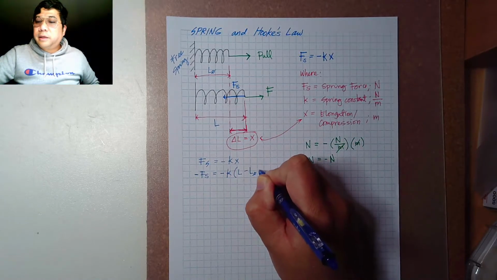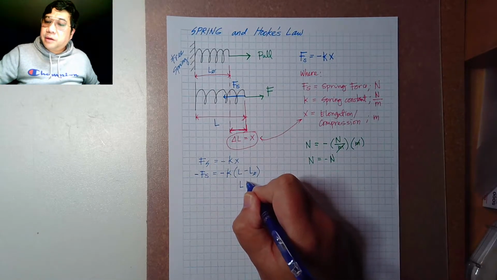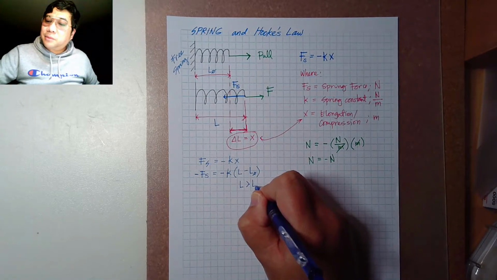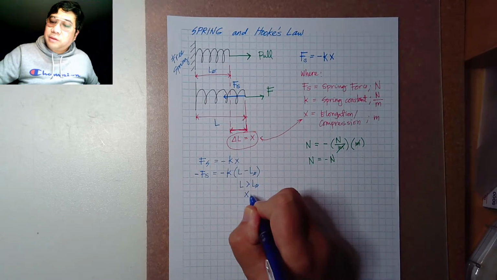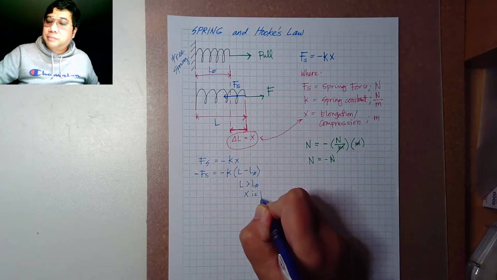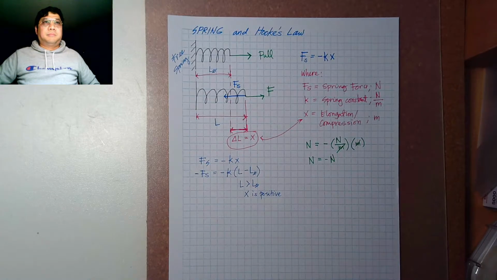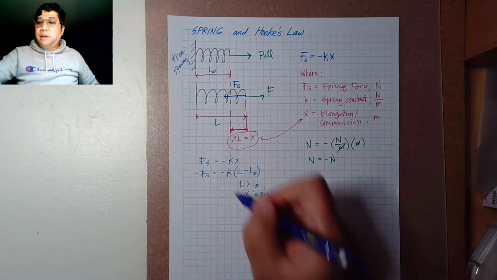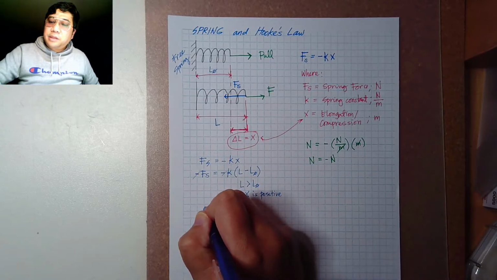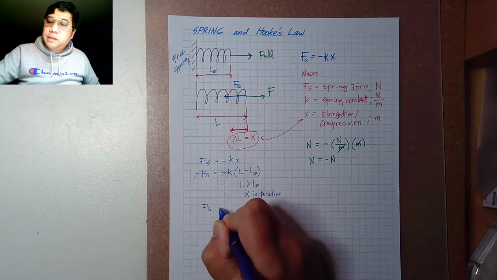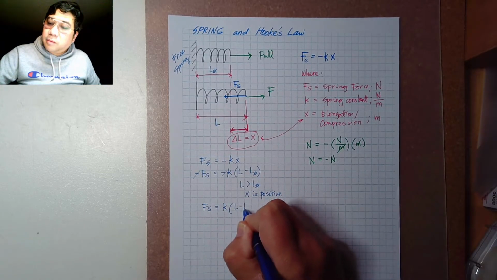But since we all know that L is greater than L sub naught, then our X is positive. So this negative will cancel out. So we can just say that the amount of spring force is simply K times L minus L naught.